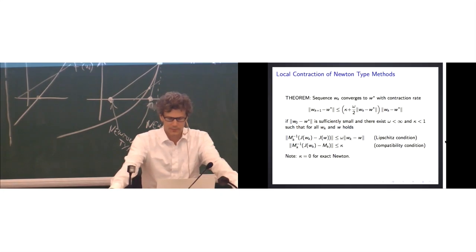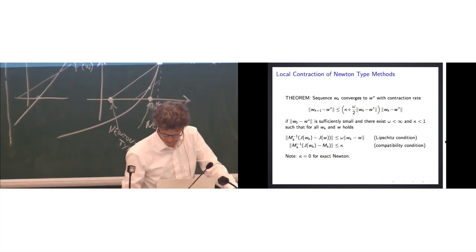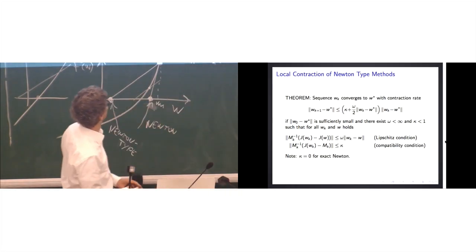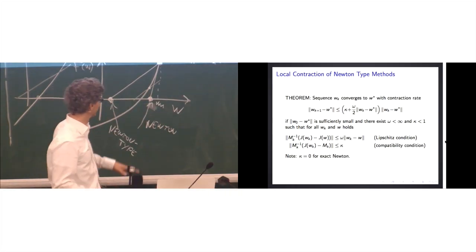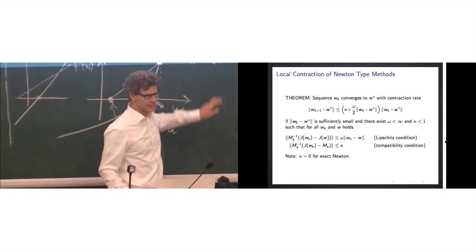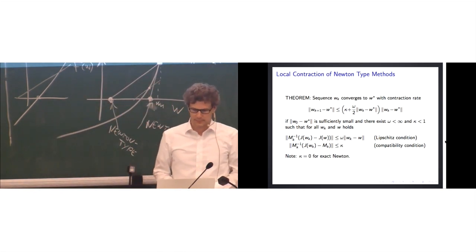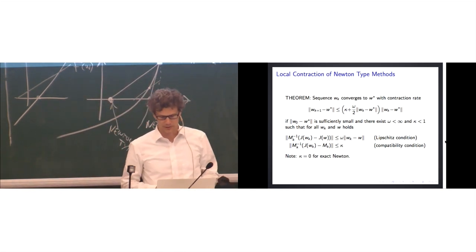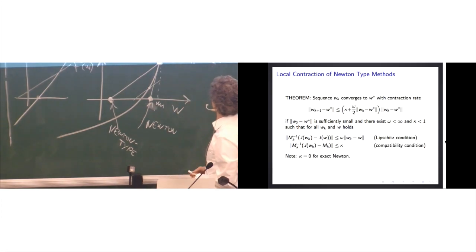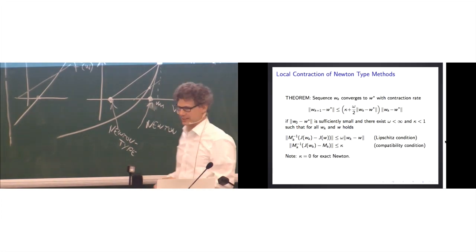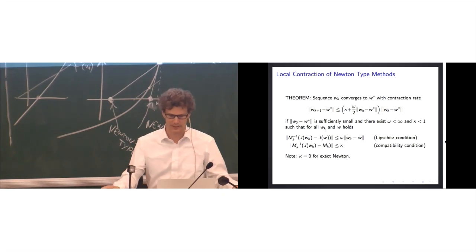What we actually want to derive is that if you start this Newton's method close enough to a solution, and it's a general proof for all Newton type methods, so it's for this iteration with an M. So you have to start close to the solution, and there must exist two numbers, and we call them omega and kappa. And there should be two conditions satisfied, and these conditions I want to discuss.